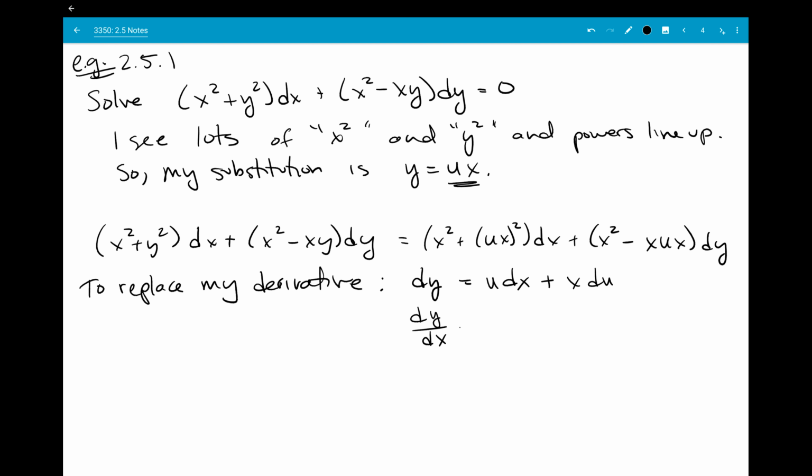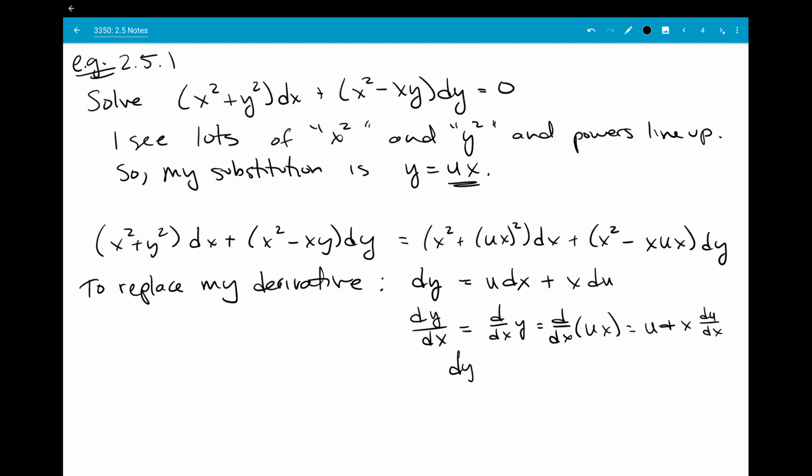if it's easier for you this way, dy dx is d dx of y. So that's d dx of ux. That's just doing the same thing here. Derivative of x with respect to x is 1 times u stays the same, plus the derivative of u with respect to x is du dx, and x stays the same.